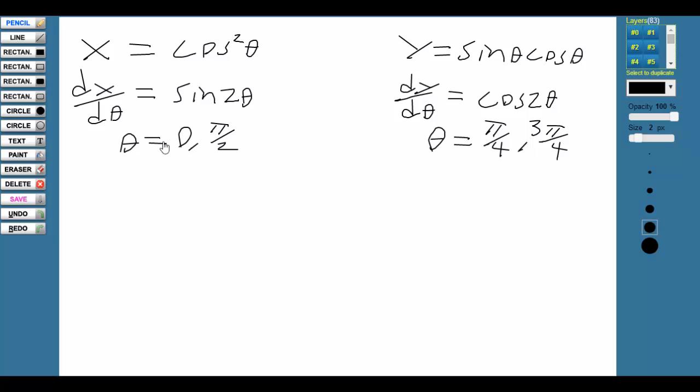Now, since you can see that they don't share any factors, then you know that where dx/dθ equals 0, dy/dθ does not equal 0, and vice versa. So you know that here, where dx/dθ equals 0 and dy/dθ does not equal 0, there are vertical tangents. And at these two thetas, where dy/dθ equals 0 and dx/dθ does not equal 0, there are horizontal ones.